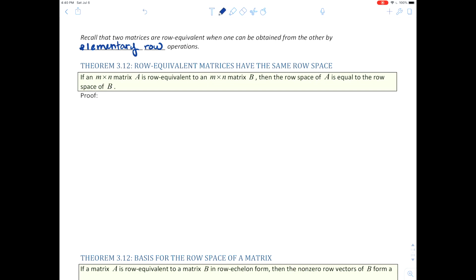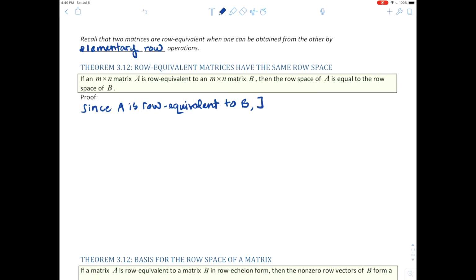Let's do it. First of all, let's use the fact that A is row equivalent to B. Remember, row equivalence means that there is a finite number of elementary matrices where you can write B as the product of those elementary matrices in descending order times the matrix A. So let's write that out in words.